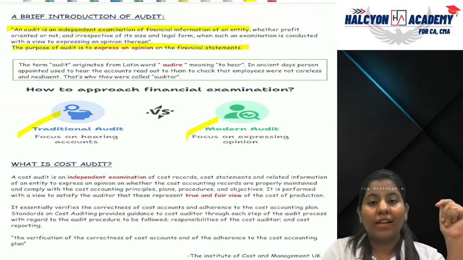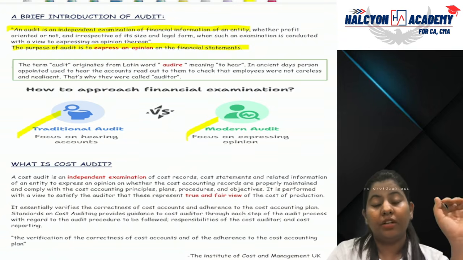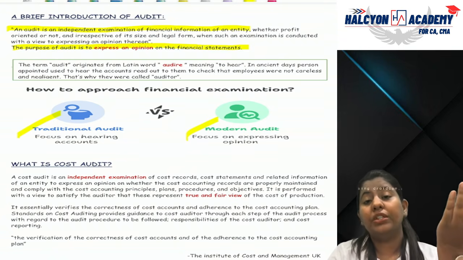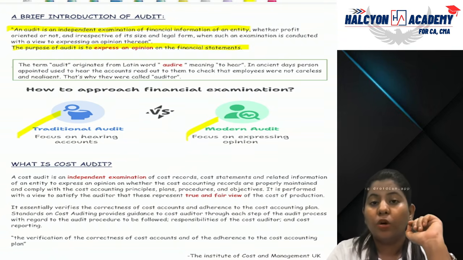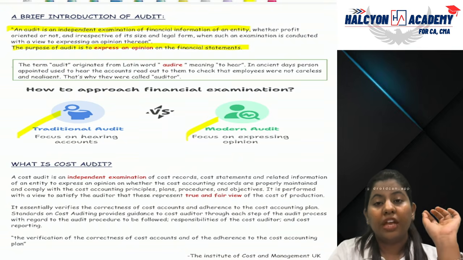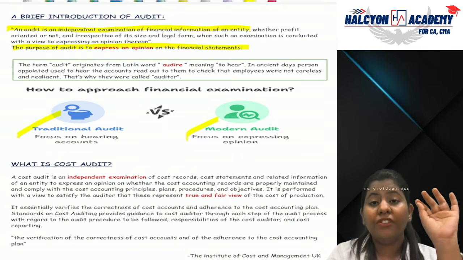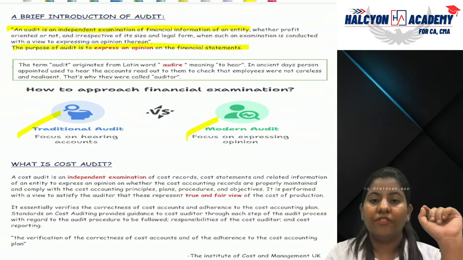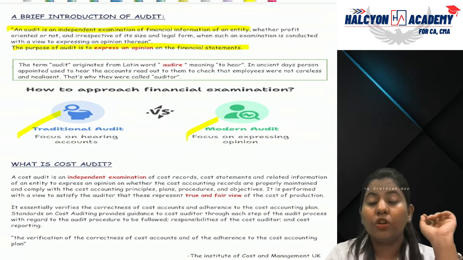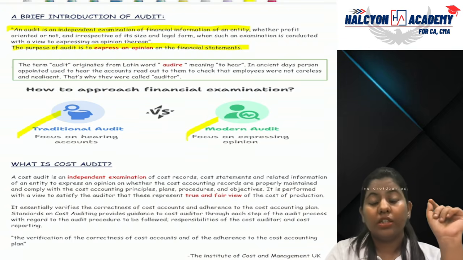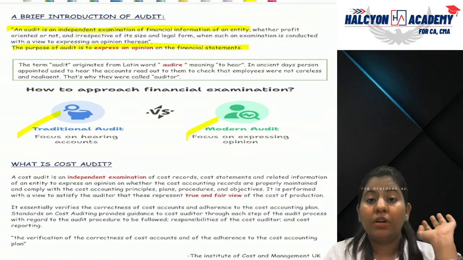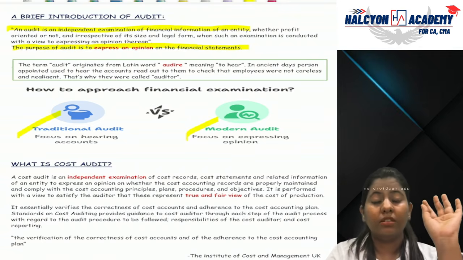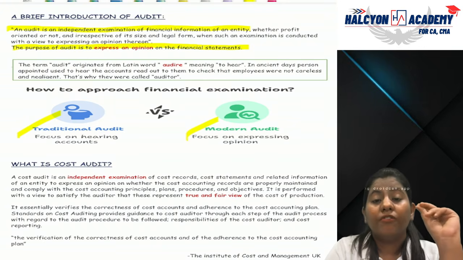Because the banks, financial institutions, stakeholders, users, the owners, everyone relies on the audited data. Everyone relies on the auditor's opinion on the financial statements. The auditor's opinion is a base for the trust of people.